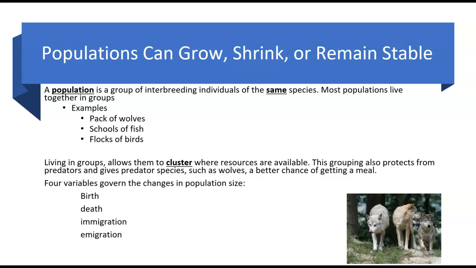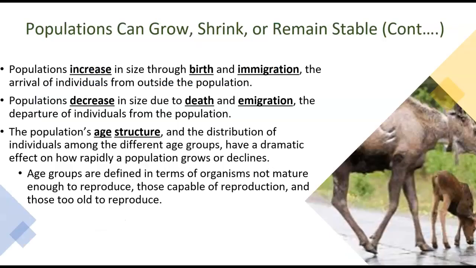There are 4 variables that govern changes in population: birth, death, immigration, and emigration. As we look at those 4 things, population increases in size through birth and immigration.